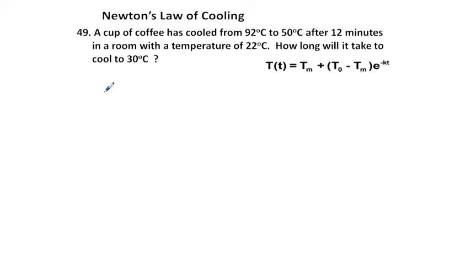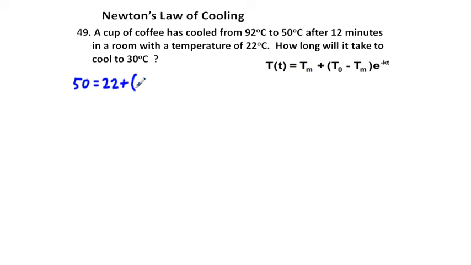So we'll just set this up. We have the time we cooled to 50 degrees Celsius is equal to the temperature of our medium, which is 22 degrees Celsius, plus we have our initial temperature.